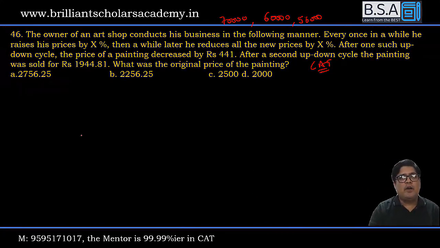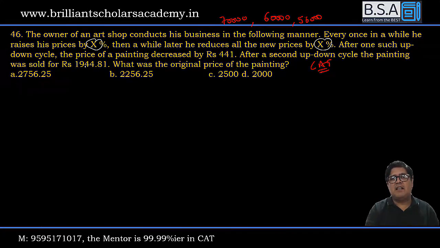The shop owner of an art shop conducts his business in the following manner. Every once in a while, he raises the price by X percentage, and then a while later reduces all the new prices by X percentage.